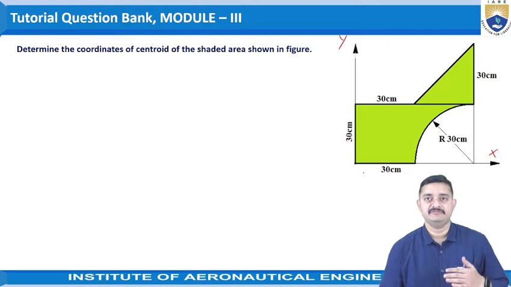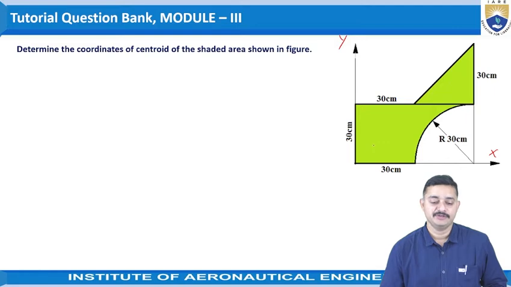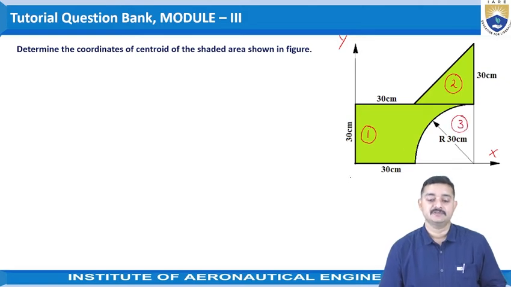And the shapes which we are going to divide, as we have discussed, we are going to divide as the rectangle as the first part, the triangle as the second part, and this quadrant as the third part. So these are the three parts which we have in this given figure.